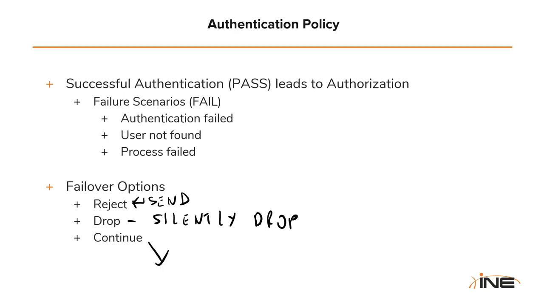Or you can go for the continue action, which is how you say that no matter what's in the database, you allow the connection, you move the connection to the authorization policy. Okay, this continue action is not going to work for every single protocol. The common use case for this action is when you deploy so-called web authentication.